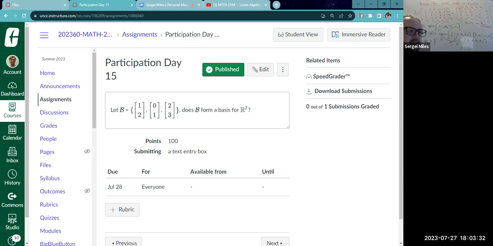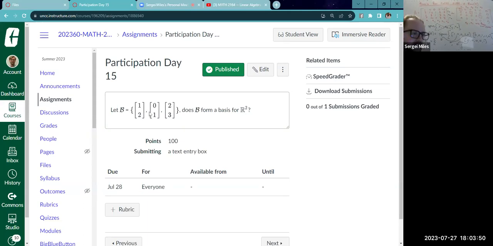Okay. Well, first of all, to be a basis, the vectors must be independent. However, these vectors are in R2, but I have 3 of them. Is it possible to have 3 linearly independent vectors? Well, no. Why?